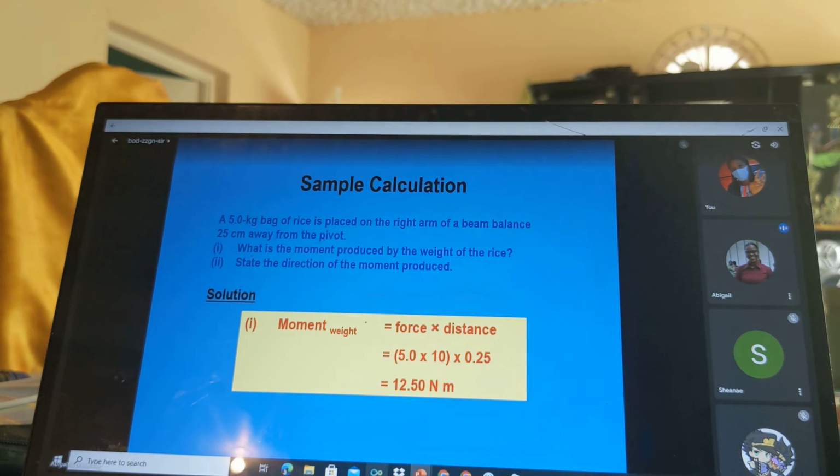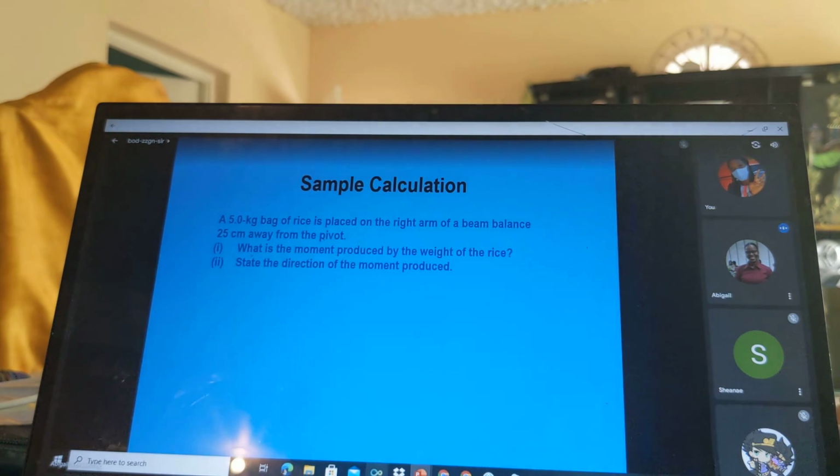Weight is a force, and the direction of the moment can either be clockwise or anti-clockwise. So, it says that a bag of rice is placed on a right arm of a beam balance 25 centimeters away.